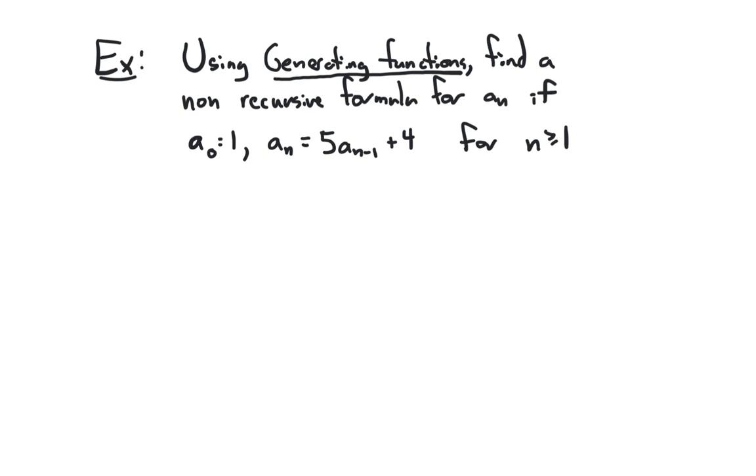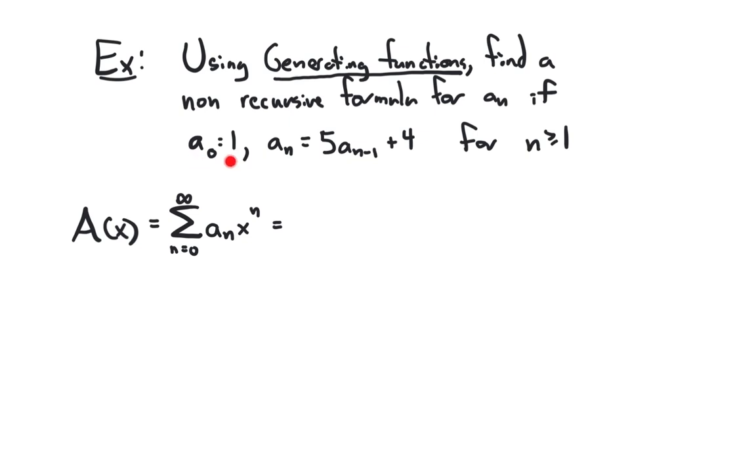So let's write this down in terms of a generating function first, and let's see if that helps us. So we have a of x here is going to be, and we'll write down the count here, the sum of a n x to the n as n goes from 0 to infinity.